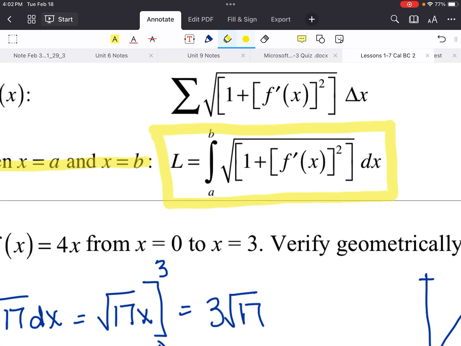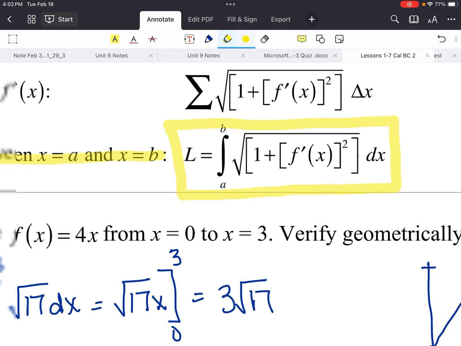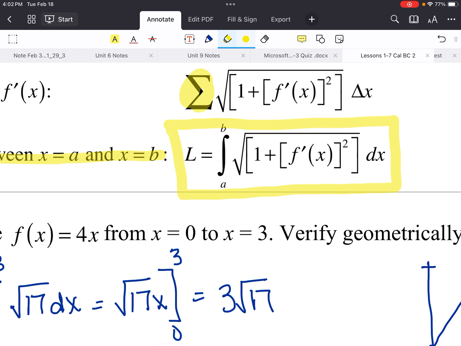So this is the general form for the distance between 2 points along a curve, and it's never going to change. So you've got to add up, there's the calculus version of add up all of the individual distances, and that gives you the total distance.